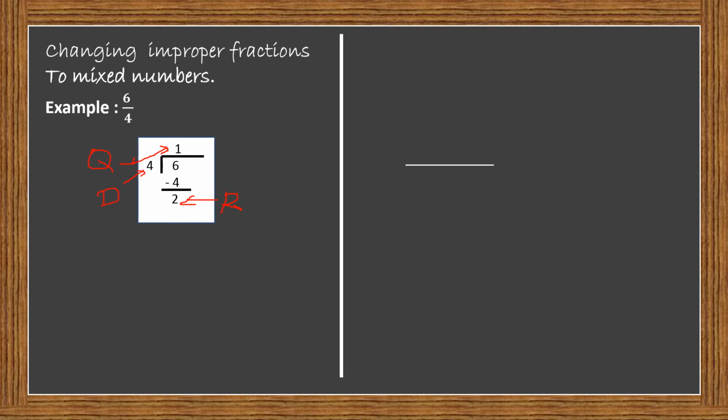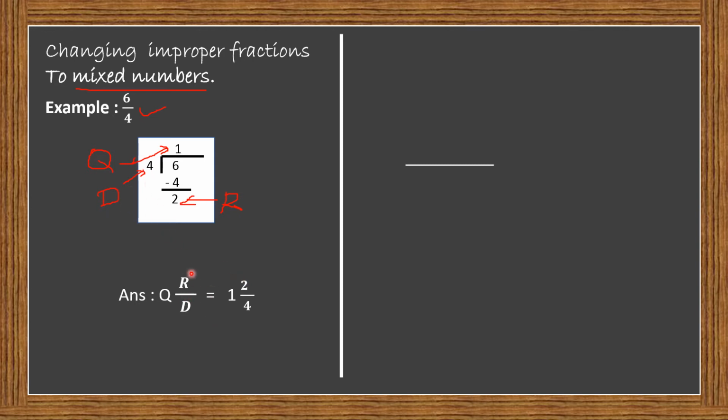So when we are converting this improper fraction to a mixed number, we are arranging the quotient, divisor and remainder in a particular format like this: Q into R upon D. So what is your Q? 1. What is your remainder R? 2. And what is your divisor? 4.